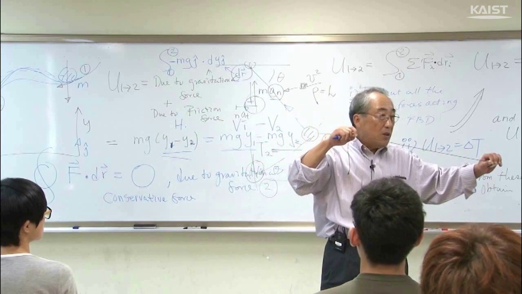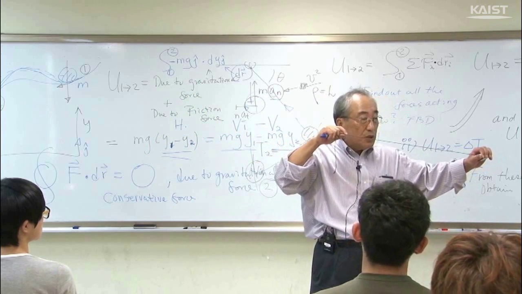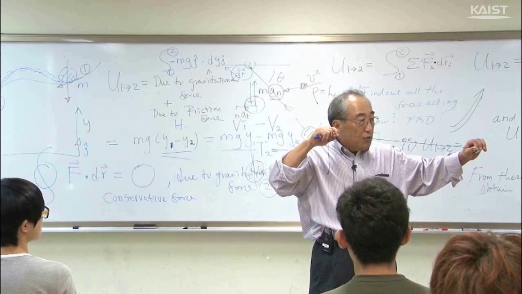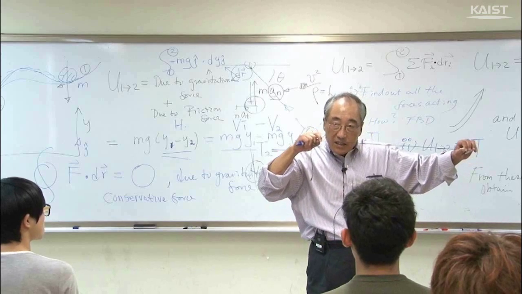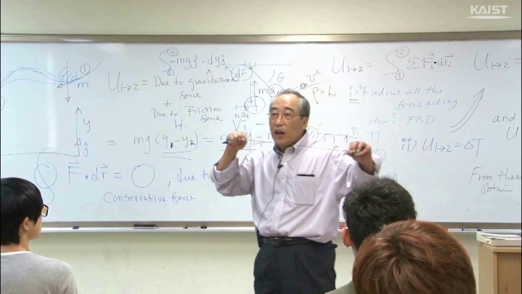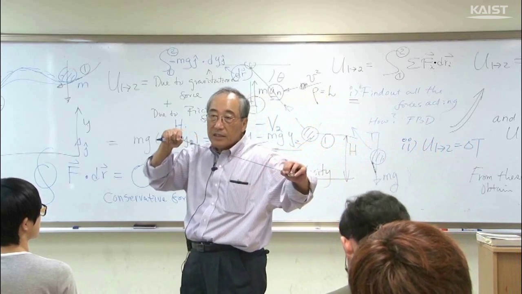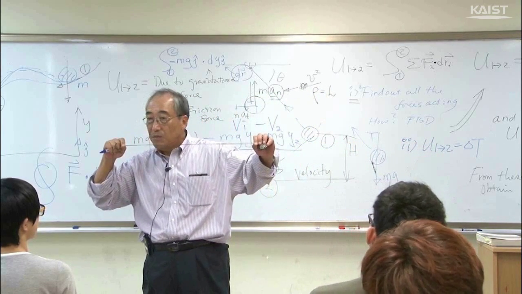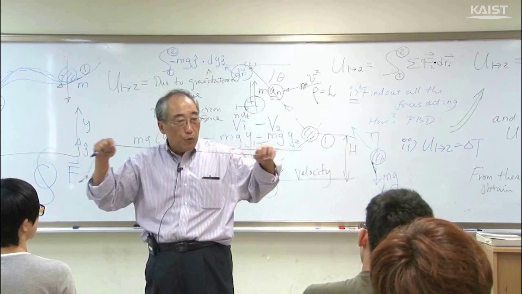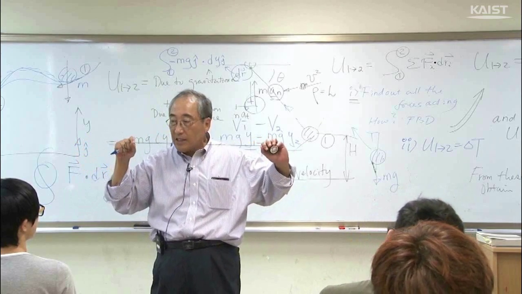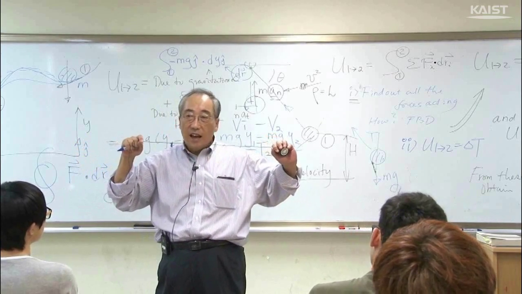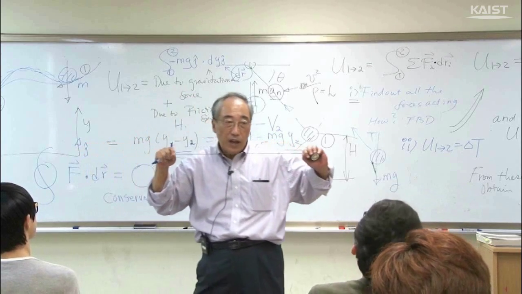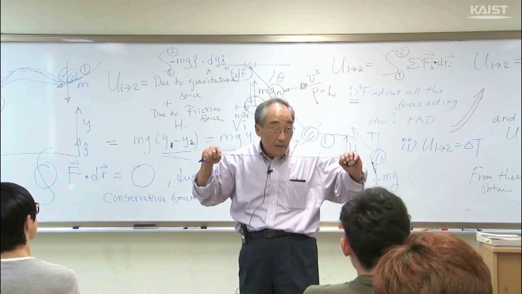The amount of this displacement is x. Then force multiplied by dx is Kx dx. Therefore, that is the change of 1/2 Kx squared, right?